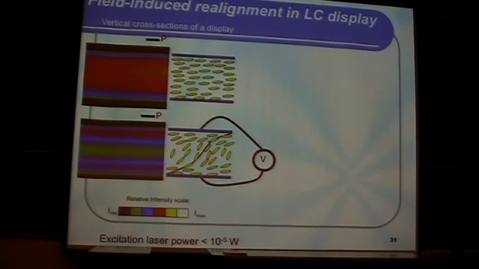You can see that the intensity of the fluorescent signal obtained for polarization parallel to the liquid crystal director is very strong throughout the entire vertical cross-section of the sample. The intensity of fluorescent light in those textures is presented using this relative intensity scale, the color scale shown here.